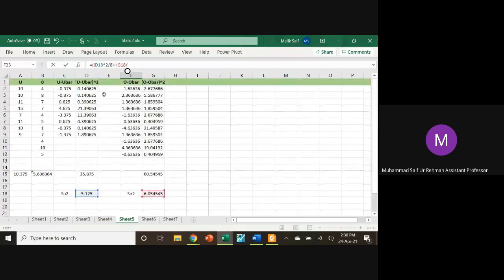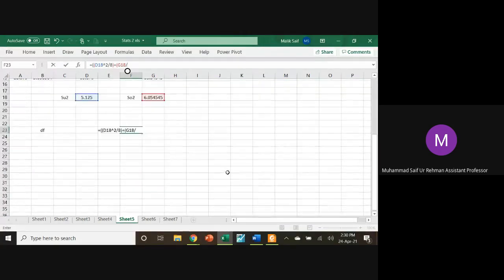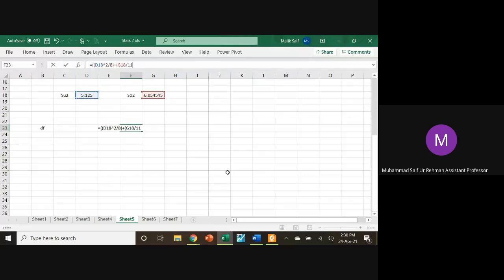The number of observations in the second series. 11 values are there. So divide it by 11. Close the braces twice. This second brace is for the first brace. And now you may put square on both terms. Press enter. This is the value.